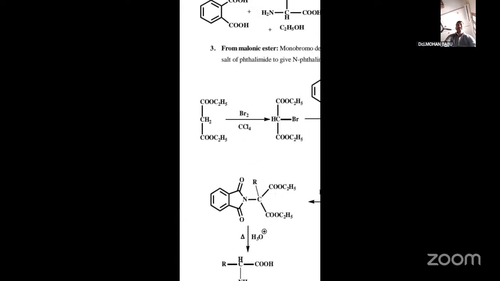Next, the synthesis of alpha amino acids from malonic ester. By malonic ester, the diester, you can also get alpha amino acids. Here we take the diester, malonic ester, and brominate it.